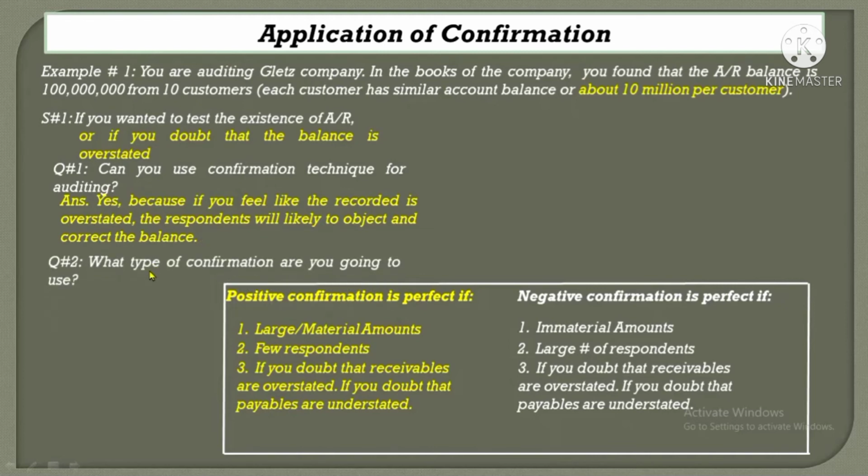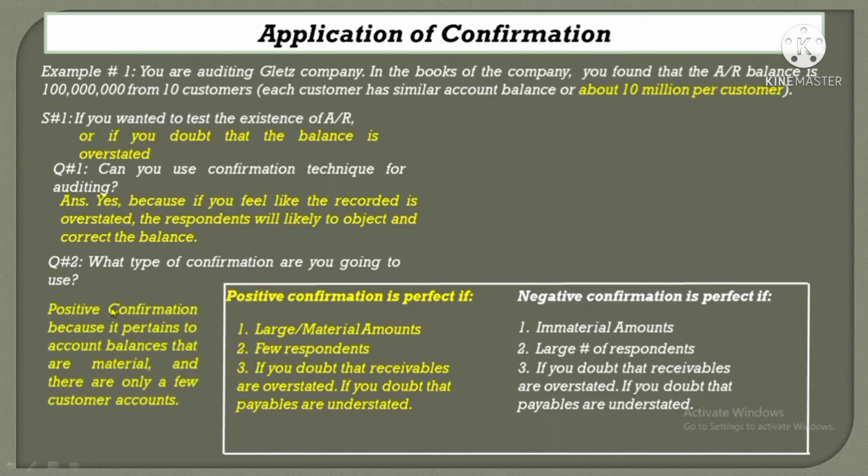Question number 2. What type of confirmation are you going to use? Of course, positive confirmation, because it is appropriate to account balances that are material. And also in the example, there are only a few customer accounts.